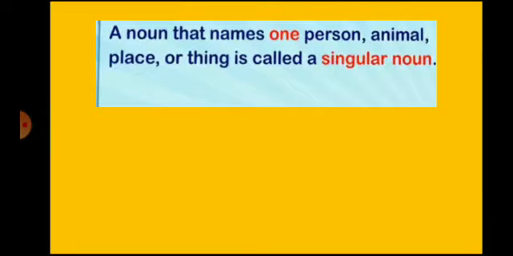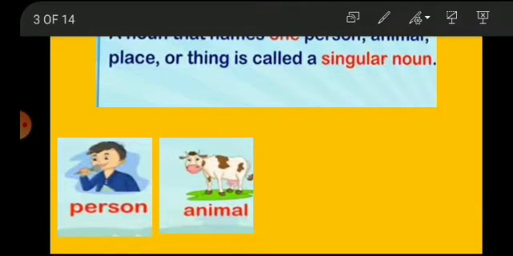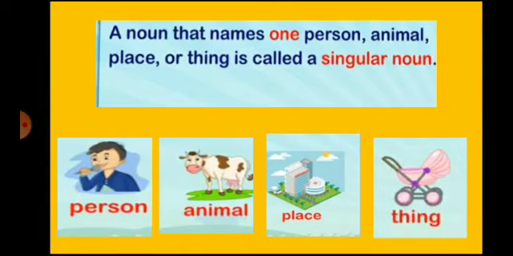A noun that names one person, animal, place or thing is called singular. So, children, when we are talking about one thing, one person, one animal, that is called a singular noun.